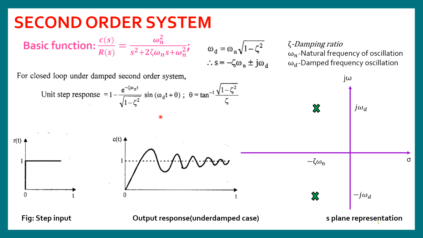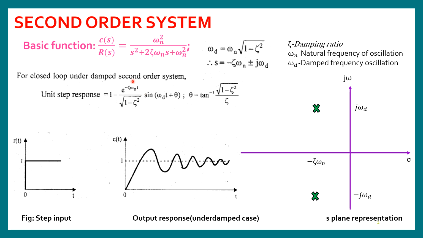This exponential term is nothing but a transient component. What is the shape of transient component? It is taking a form of sinusoidal, but the sinusoidal magnitude is exponentially decaying as sine is multiplied with e power minus zeta omega n t. So initially we have a transient, it is exponentially decaying signal with a sinusoidal shape, and the final value is 1.